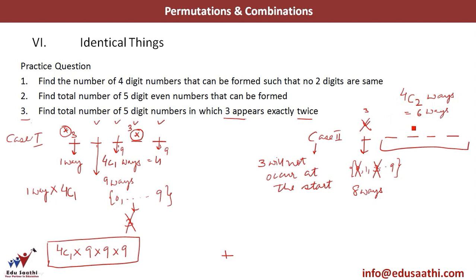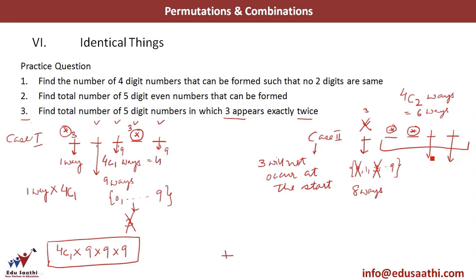There are 6 combinations of 2 places. Now let's assume that 3 occurs here and 3 occurs here. This will be one of these 6 ways. So now I've already booked 3 positions: the first place, the second place and the third place. Now I just have to fill in the remaining 2 positions, that is the units place and the tens place.